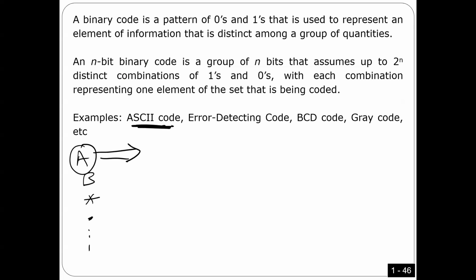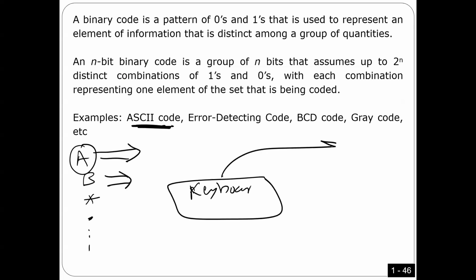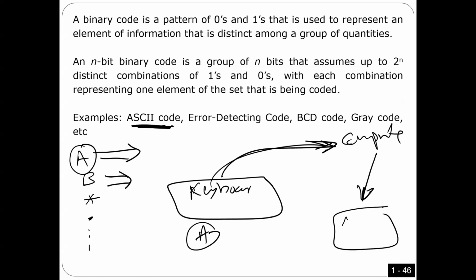Same thing if this is the keyboard entering a number to the computer. When I press letter A, you have to input a number because the computer can only understand numbers. It's the opposite when the computer wants to display something on the screen. For example, if I want to display A, I have to send the ASCII of A, which is a number. So it's very simple.